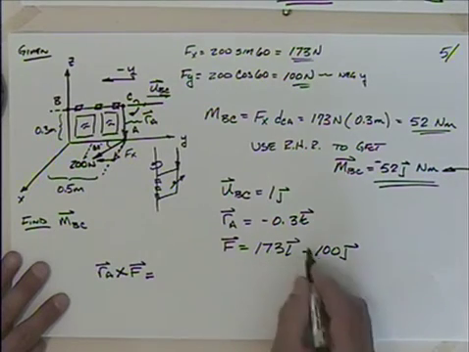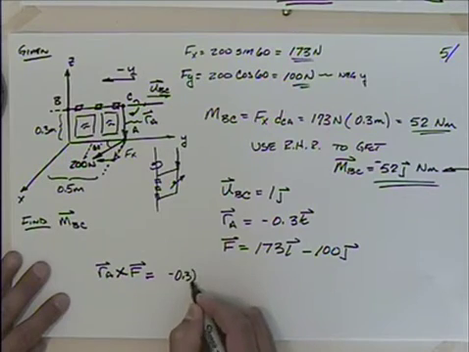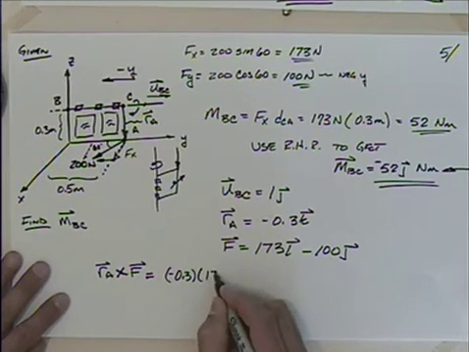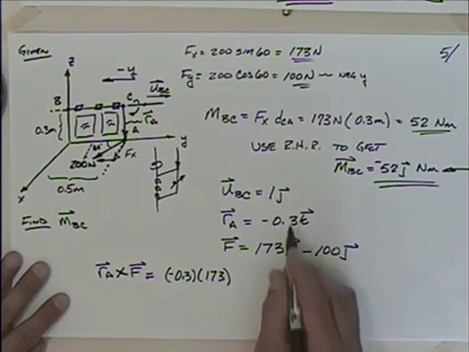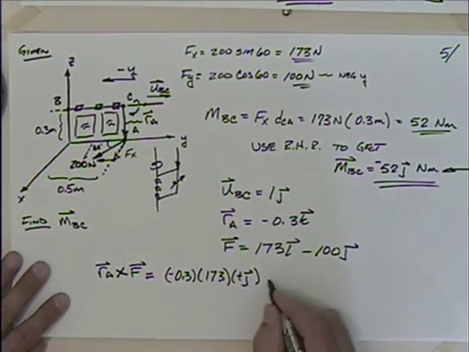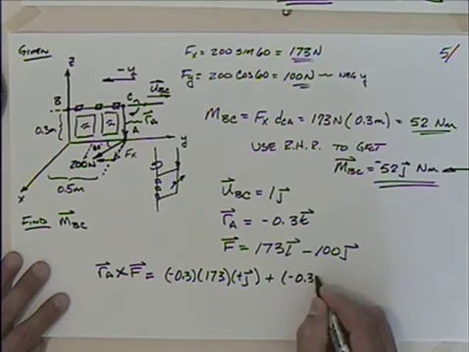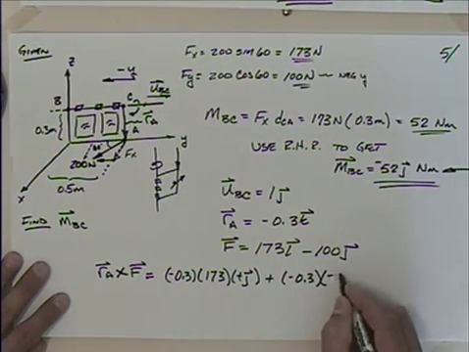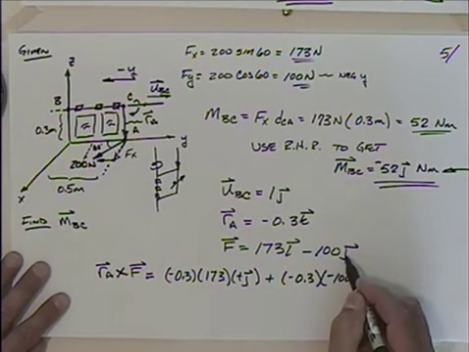I'm going to have this, so minus 0.3 times 173, and that's going to be then k crossed with I. What's k crossed with I? That's positive j, isn't it? Okay, and then I've got to add to that a minus 0.3 times a minus 100, and what is k crossed with j?